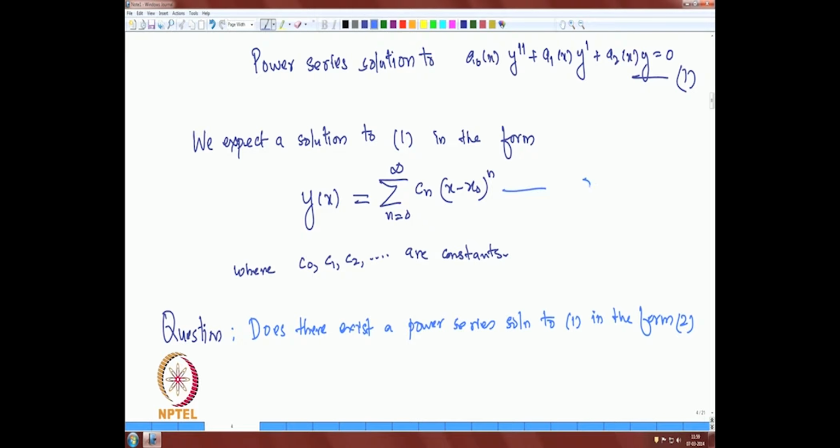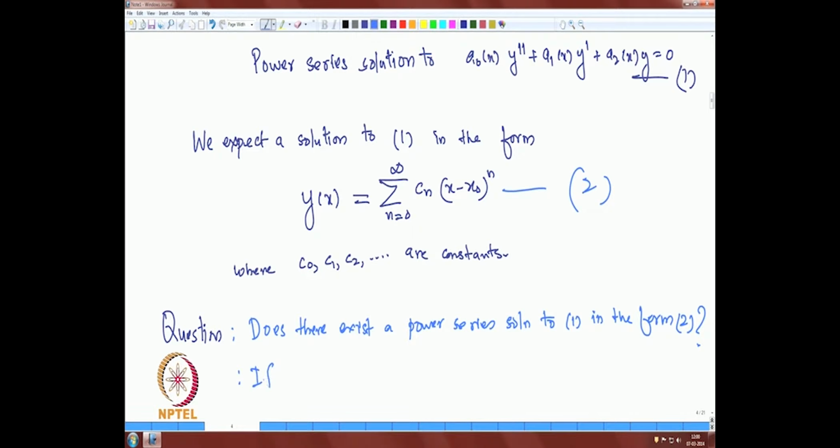So, call this form 2. Does there exist a power series solution to the above differential equation in the form 2? And if it exists, how to compute the constants C0, C1, C2.